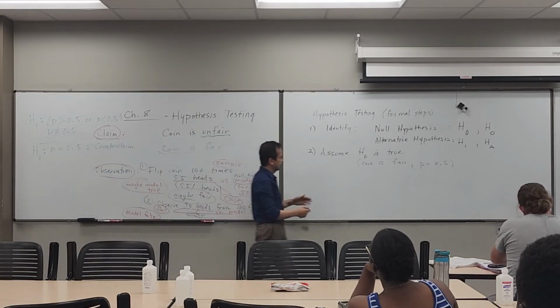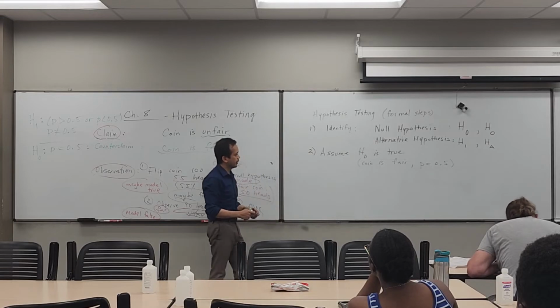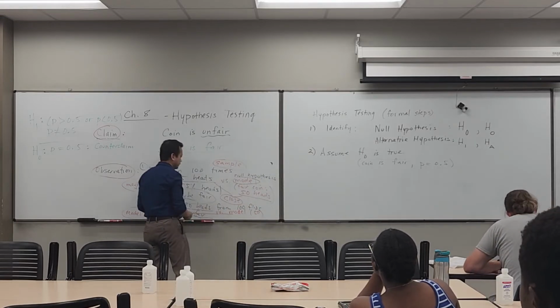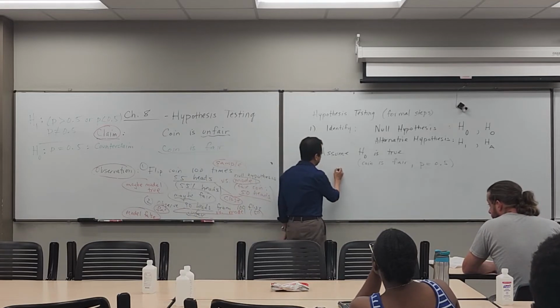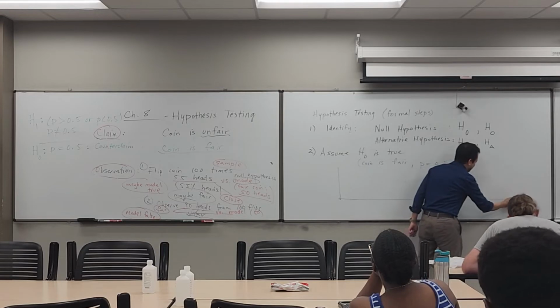Okay, so in this case, we're going to assume that the coin is fair and that the null hypothesis is true. Within this step 2, we're going to visualize this with a distribution, our favorite.